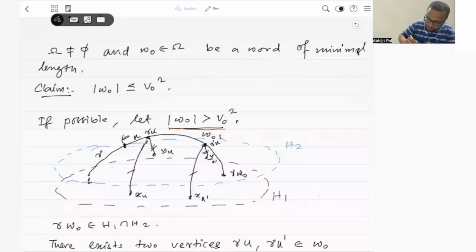So W naught is equal to U concatenated with this geodesic, which is labeled by V. And again W naught is first U prime and then concatenated with this part, which I have called V prime.